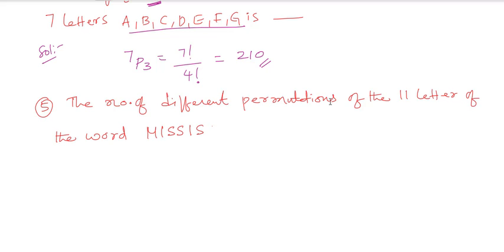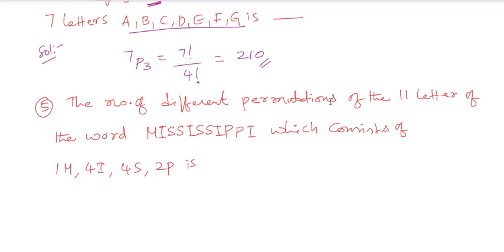Total 11 letters in the word Mississippi, which consists of 1 M, 4 I's, 4 S's and 2 P's. This is the question.